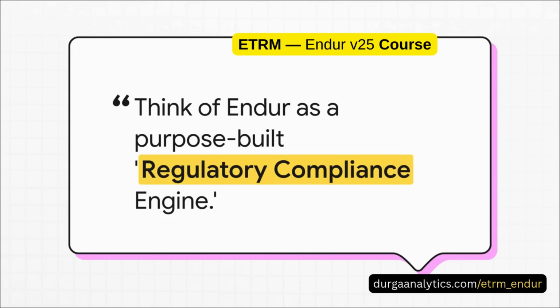Think of Endur as this purpose-built regulatory compliance engine. A trade gets booked. That's your raw fuel. The key data points like LEIs and UTIs, those are the essential high-octane additives. And the Endur framework itself, that's the high-performance engine that takes it all, processes it, and what comes out the other side is a clean, compliant, and totally auditable report.